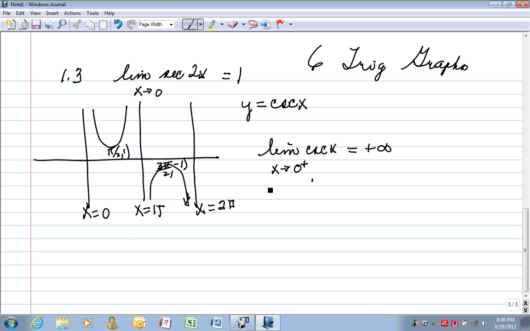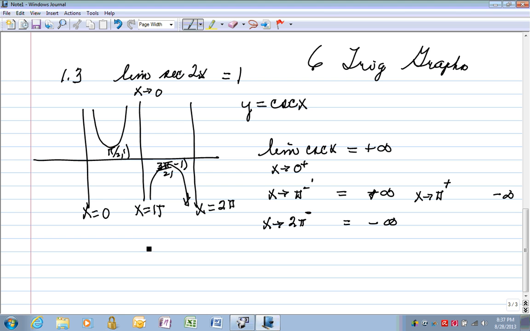The limit of the cosecant of x as x approaches pi from the left side is positive infinity. And as x approaches 2 pi from the left side, it's negative infinity. As x approaches pi from the right, I would be at negative infinity, because I know my graphs.